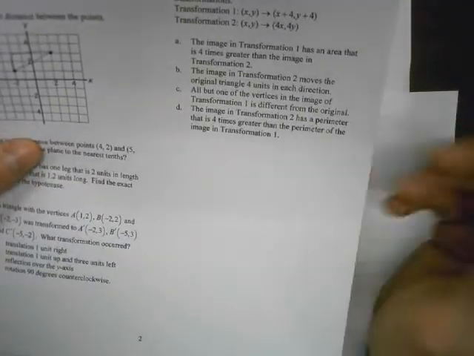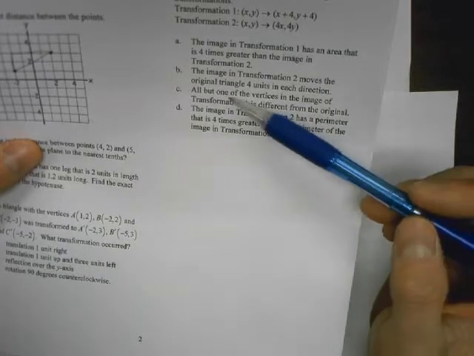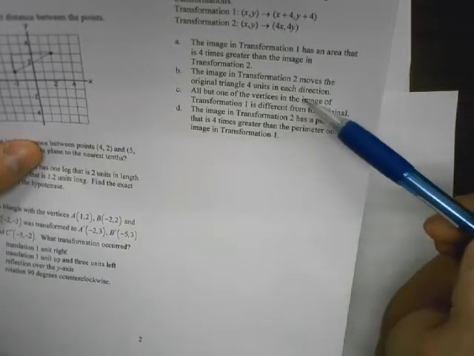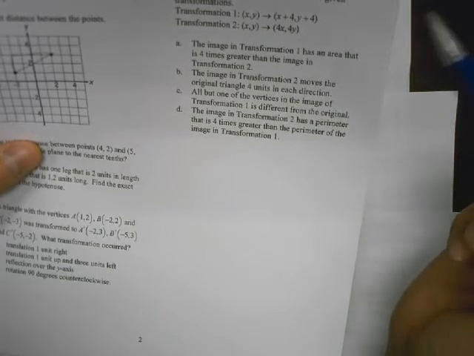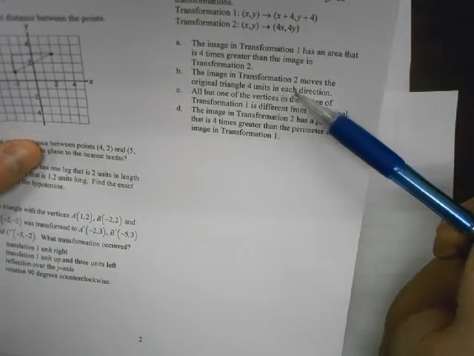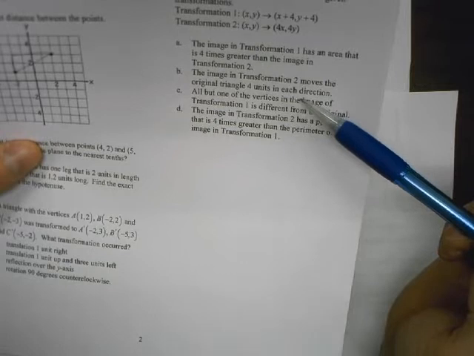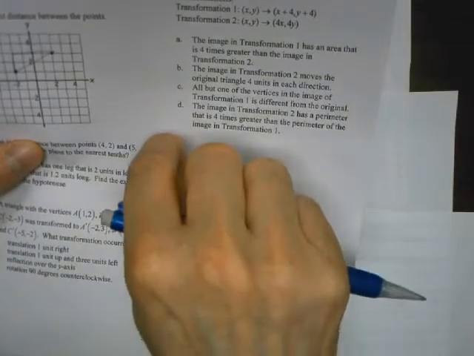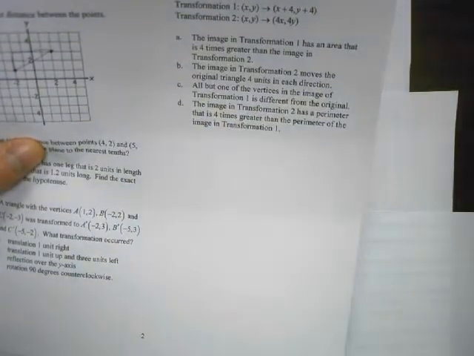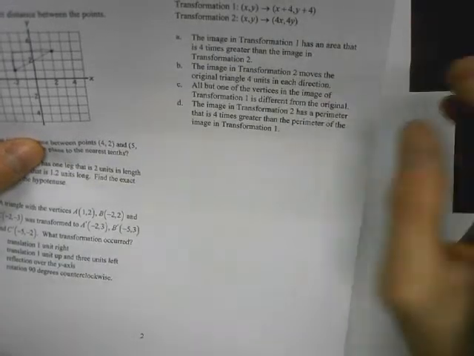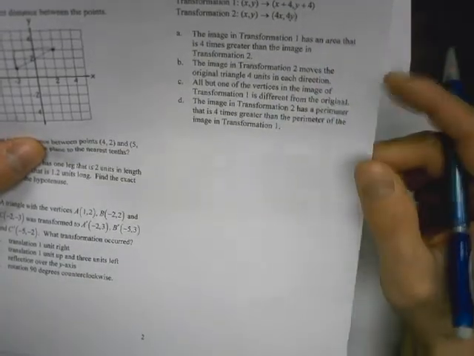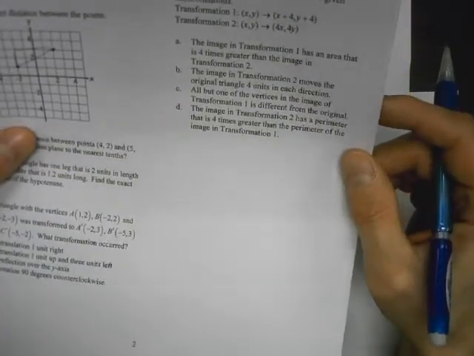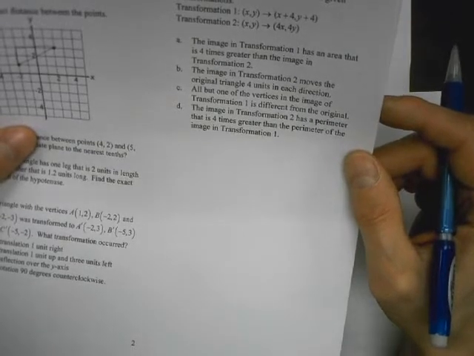B says this: the image in transformation 2 moves the original triangle 4 units in each direction. That means it's going out 4 like this. That's not really true. It actually has a center of dilation. It's going in one direction as opposed to in all directions. Unless the center was right on the origin, that's not true.